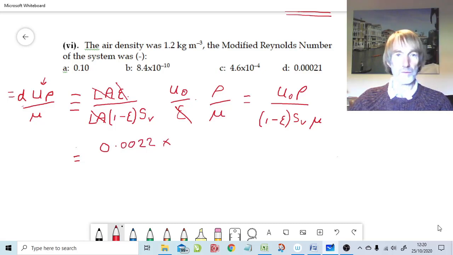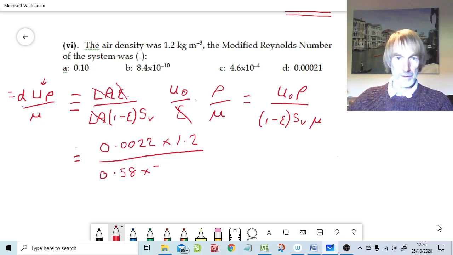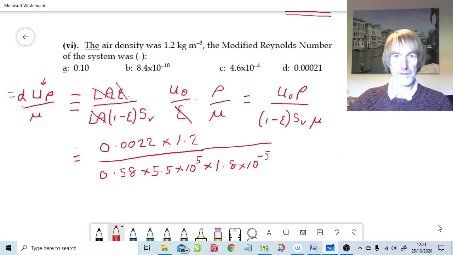We're told to use a density of 1.2. 1 minus the voidage is 0.58. We calculated that previously. The specific surface area per unit volume is 5.5 times 10 to the 5 meters squared per meter cubed, and then the viscosity was 1.8 times 10 to the minus 5. Quite a lot there, but I think we can still use our trusty calculator.